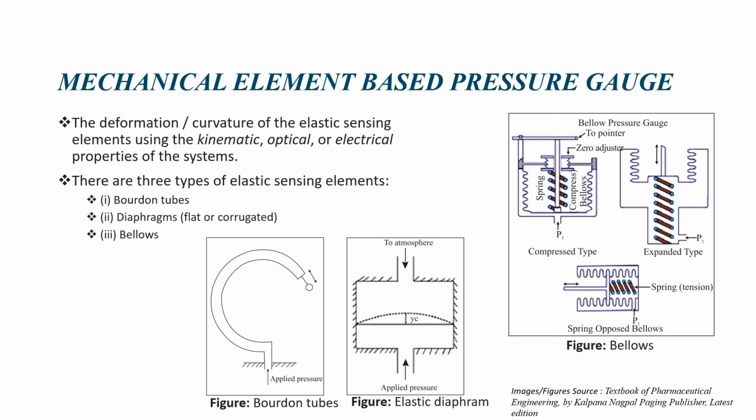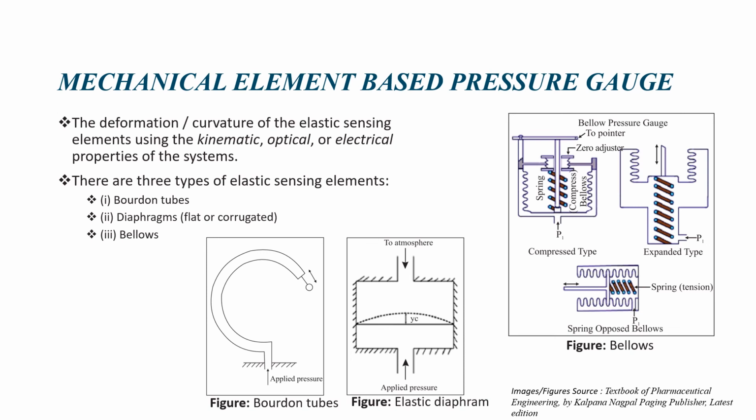This displacement will be proportional to how much pressure we are applying. So the fluid, if it exerts more pressure, will be able to displace this diaphragm to a greater extent. If the pressure is less, the diaphragm will be displaced to a smaller extent.